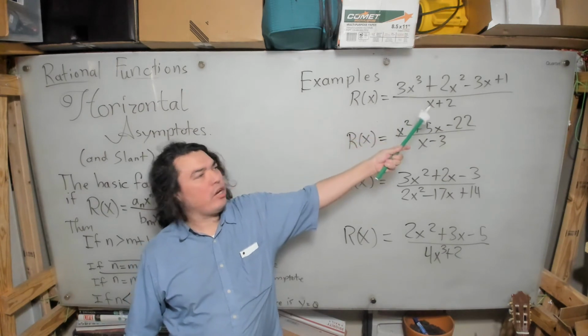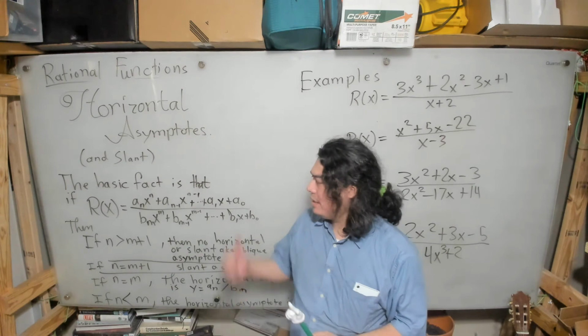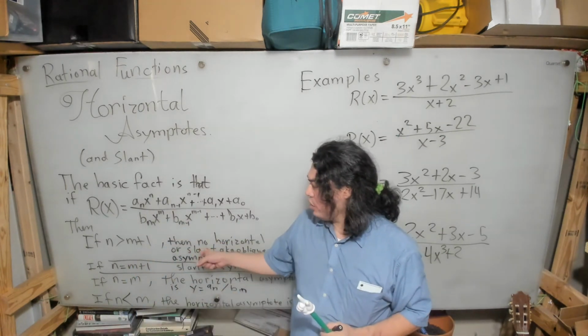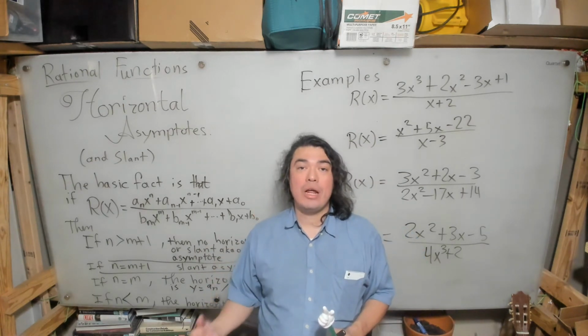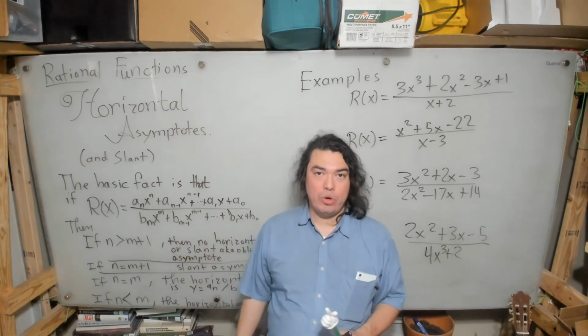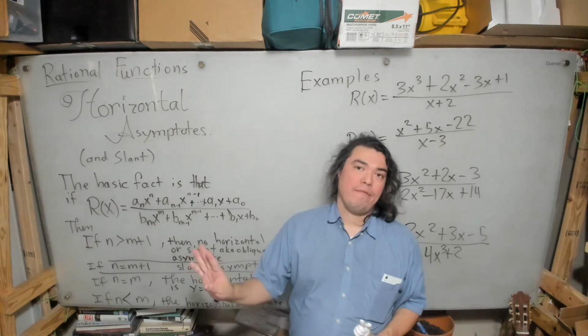Is 3 greater than 2? Yes. So this first example satisfies this first condition, and therefore it does not have a horizontal asymptote, nor does it have a slant, also known as oblique, asymptote. It has no horizontal or slant asymptote. Finito. Okay.